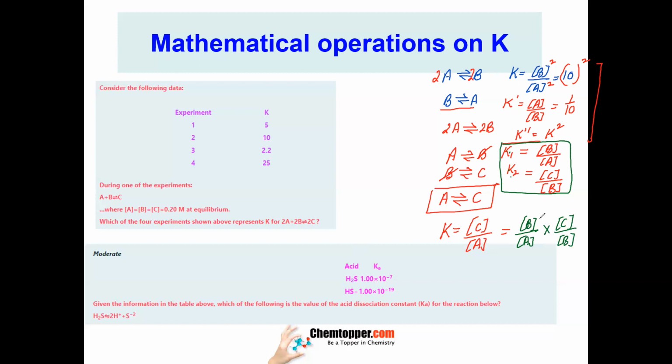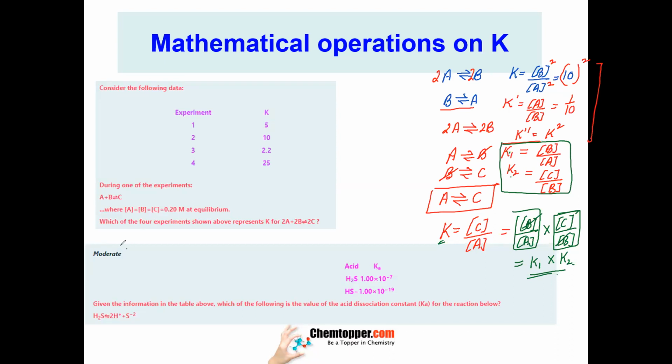Now you multiply them, B and B cancel. So what are you getting? You are getting this K. But what is this? K1. What is this? K2. So when you add two equations, their equilibrium constants get multiplied.